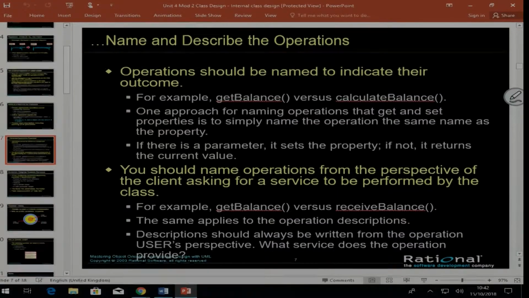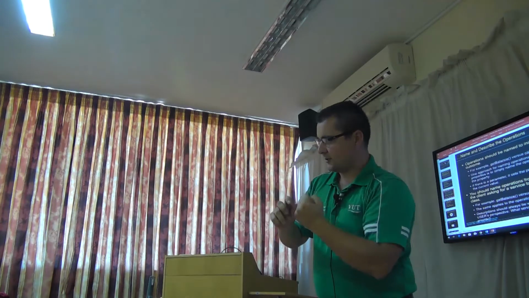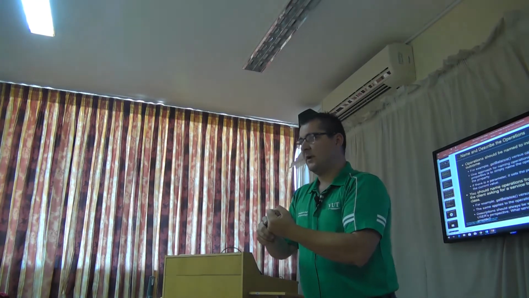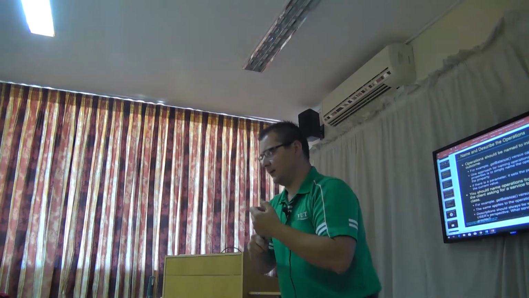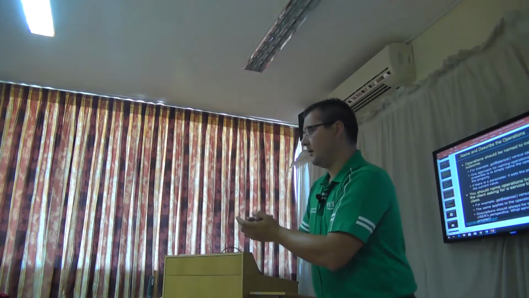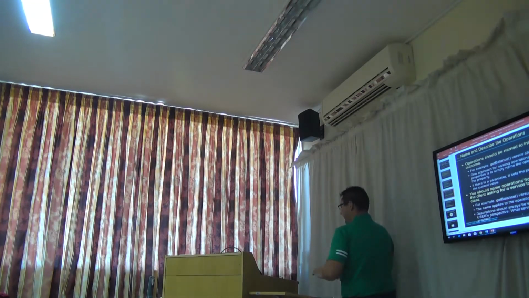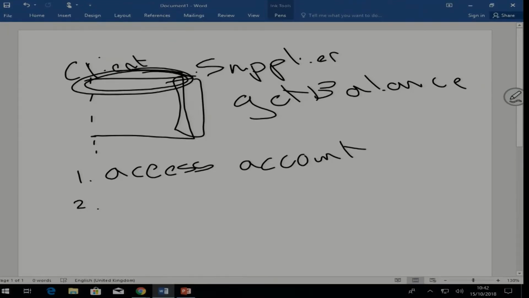From that perspective, what you are doing is the outcome. What is the outcome going to be? That you actually get the balance. Not that from the client perspective you are going to calculate the balance. If we're talking about the calculation, it will happen somewhere in this block.